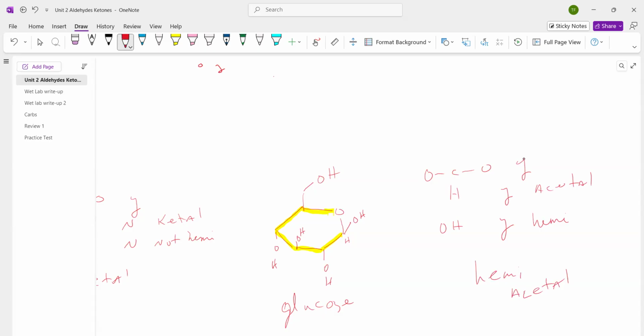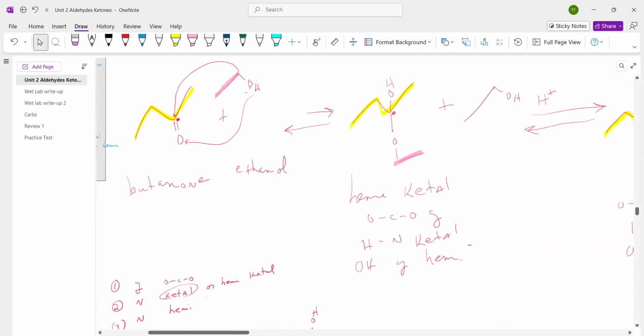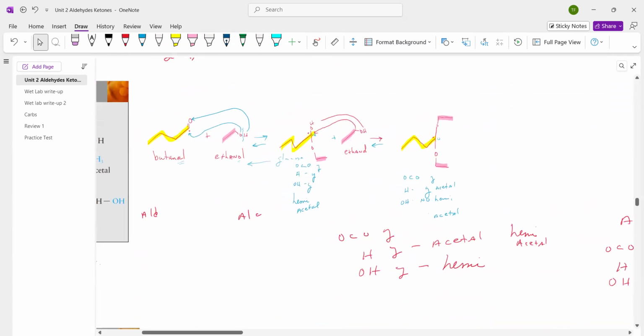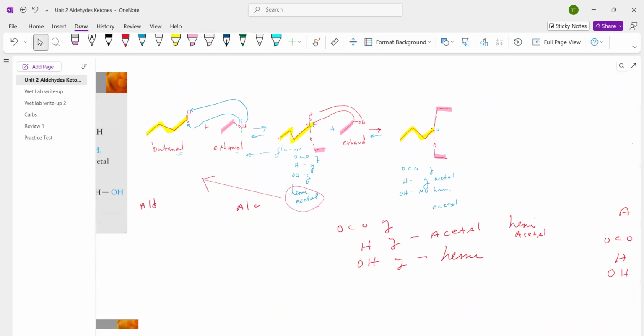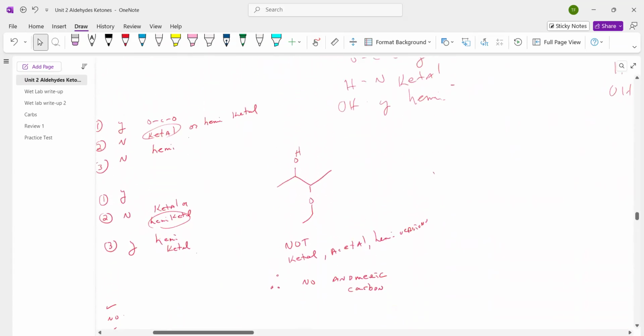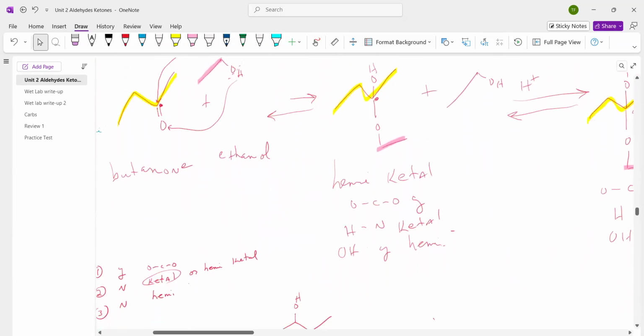Now, hemiacetals can revert back to their original aldehyde.